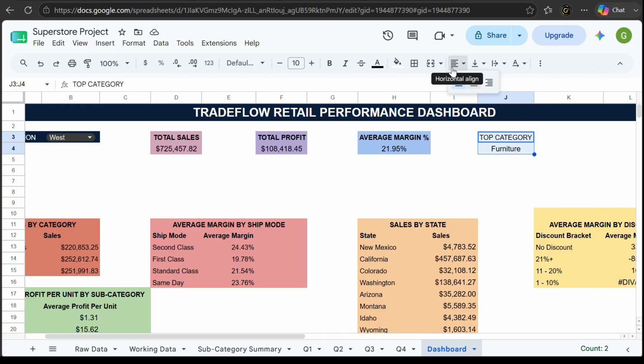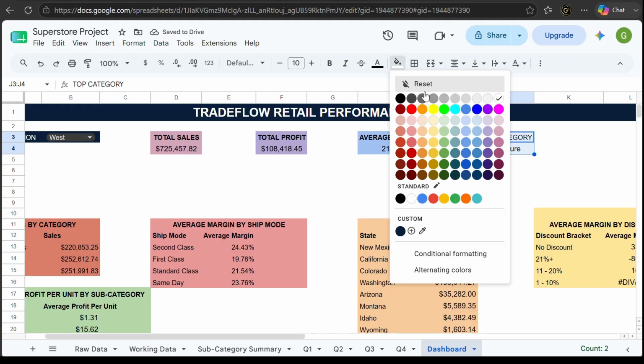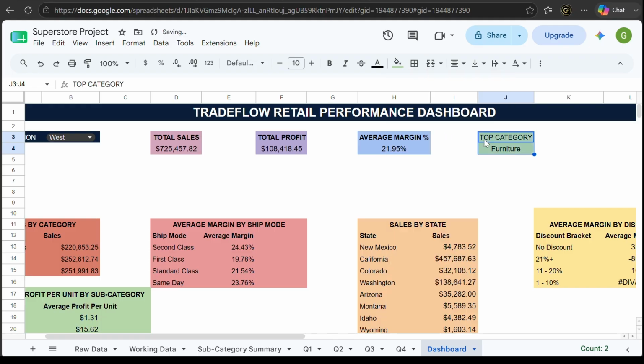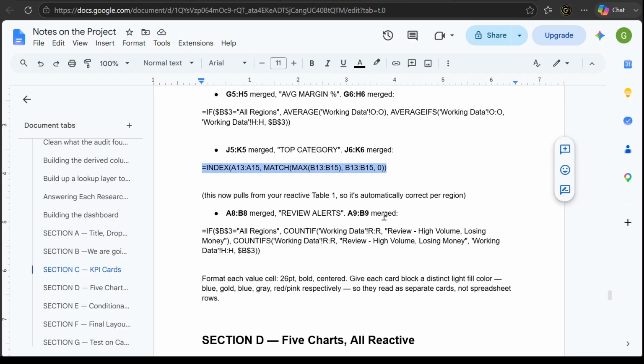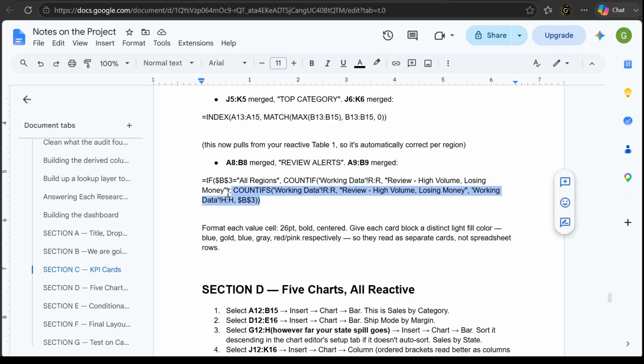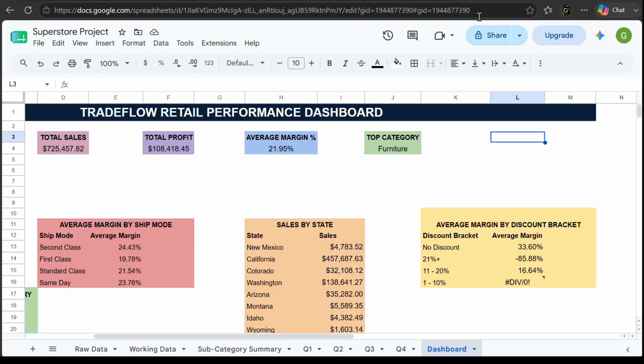I'm just going to centralize all of this, and then I'll use green this time. Yeah, of course I should make this bold. Control B. Now the last KPI I'm going to be adding here would be the review alerts. So I'm going to say Control C right here, and then I'm going to put review alerts.